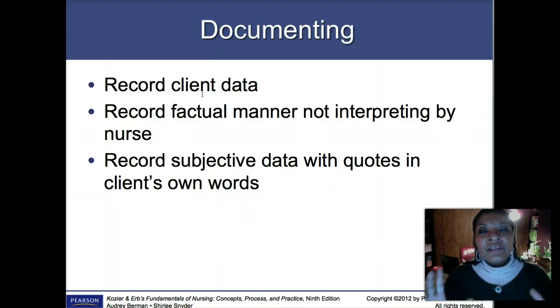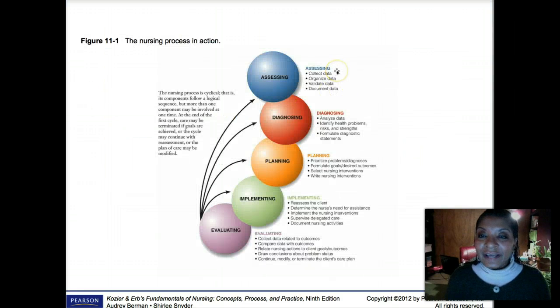So again, this section is on assessment. The key factors in this section are to understand that you're collecting data, organizing, validating, and checking it. Remember that there are two kinds of data: subjective data and objective data.